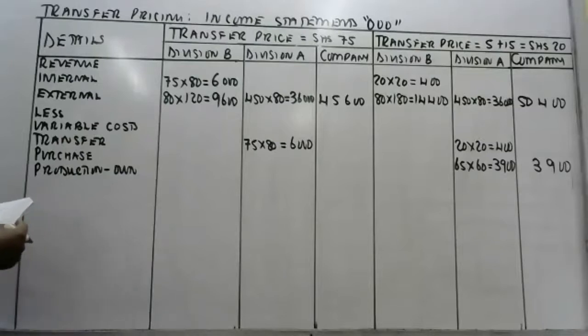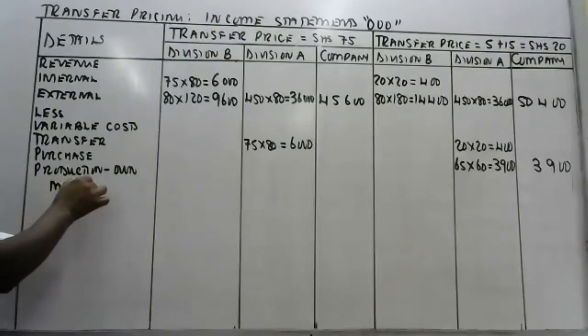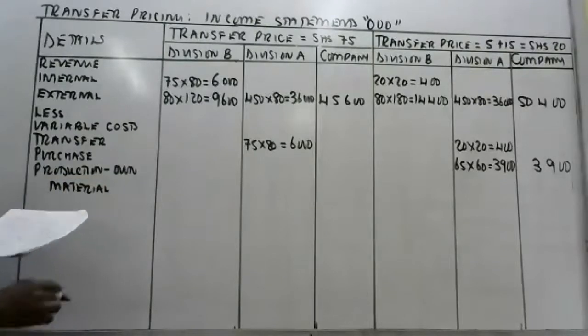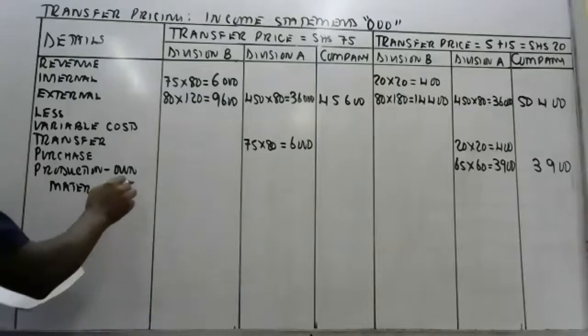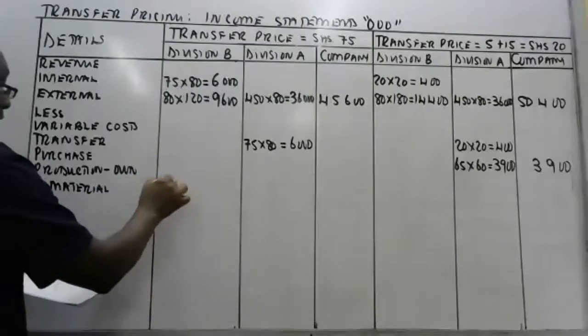If you go to division B, let's start with B. You can see material, which is 5 shillings. So it will be 5 times 200.